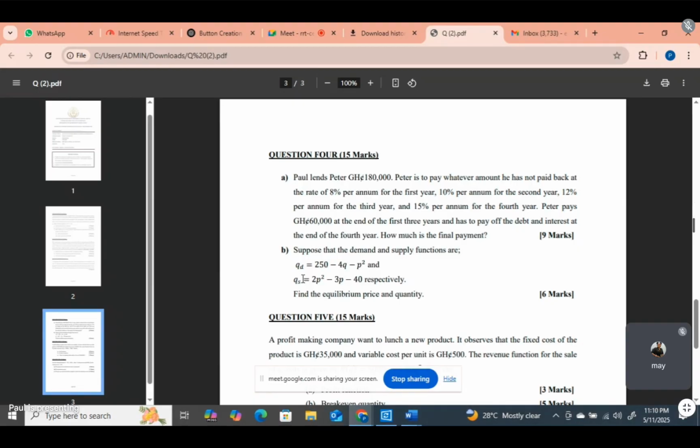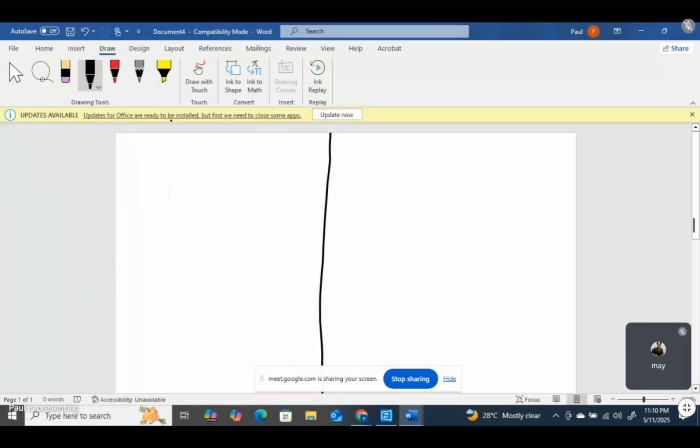Please, this question, I'm sure they are testing your knowledge on time value of money. So let's try and see something. I still don't understand the question, but this is how I would solve it. The principal, that's the amount borrowed, is 180,000.